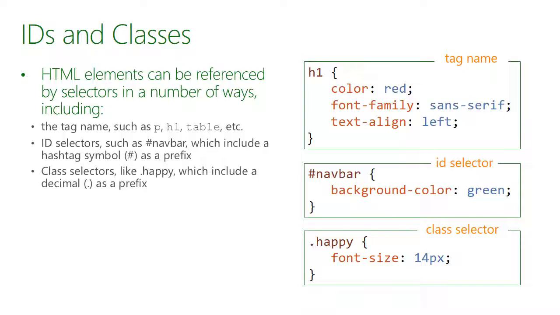You can also use an ID selector. Okay, as we can see in the second example, we have the example of navbar. So you include a hashtag symbol as a prefix to the selector name. And thirdly, we can use class selectors such as .happy, as you can see in the third example there, and that includes a decimal point as a prefix.